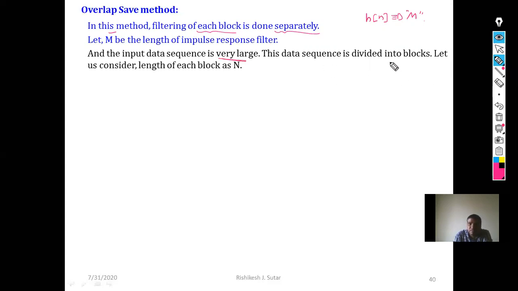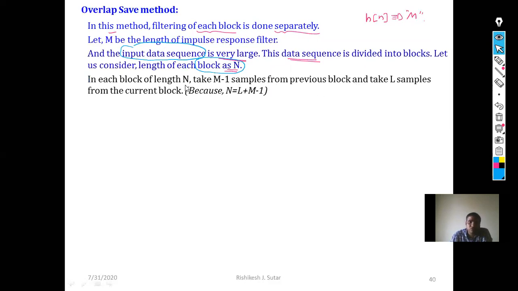I have to divide this input data sequence into a number of blocks, and the length of each block is capital N.